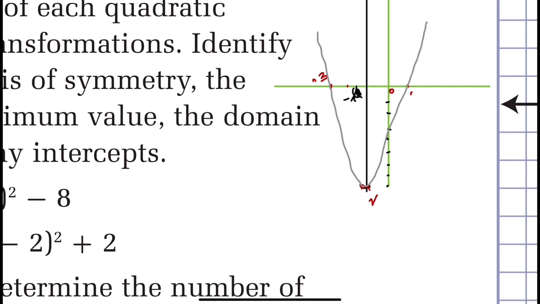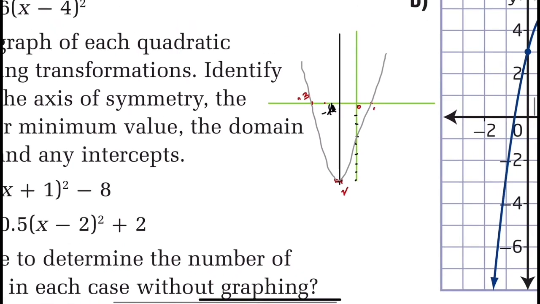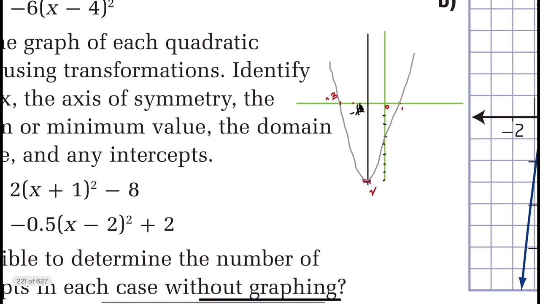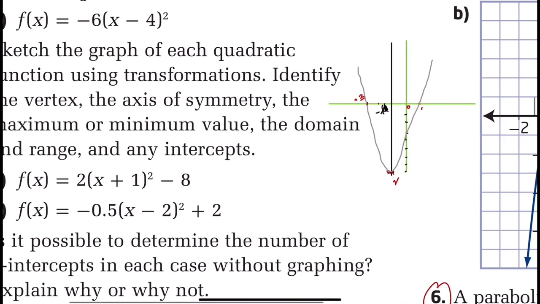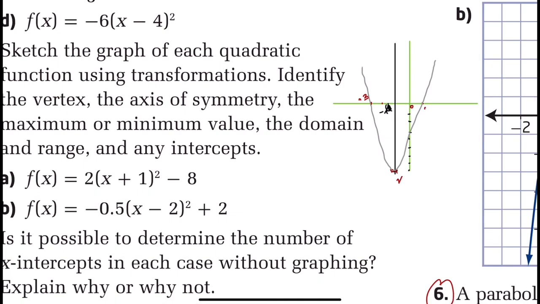For the y-intercept, we just give x a value of 0. So 2 times (0 plus 1) squared minus 8, which is 2 times 1 minus 8, which is minus 6. So the y-intercept should be minus 6.